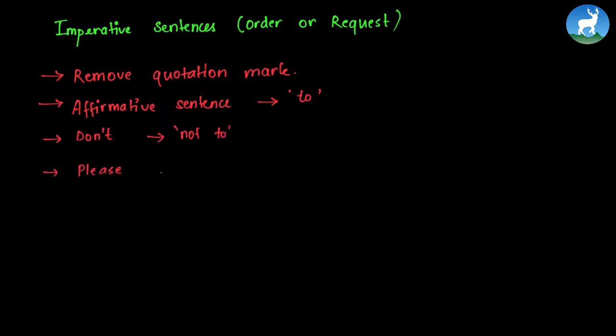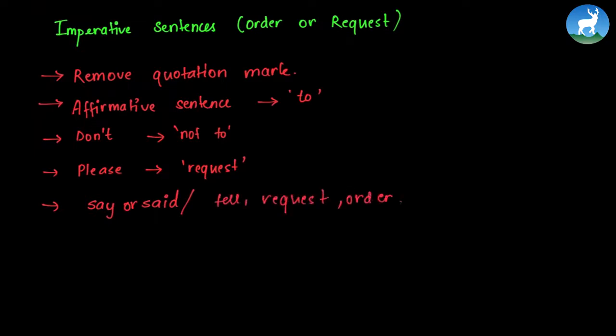Also, words like please are replaced by request. And again, if the reporting verb is say or said, we change it to tell, request, order, command, etc. Let's see a few examples.